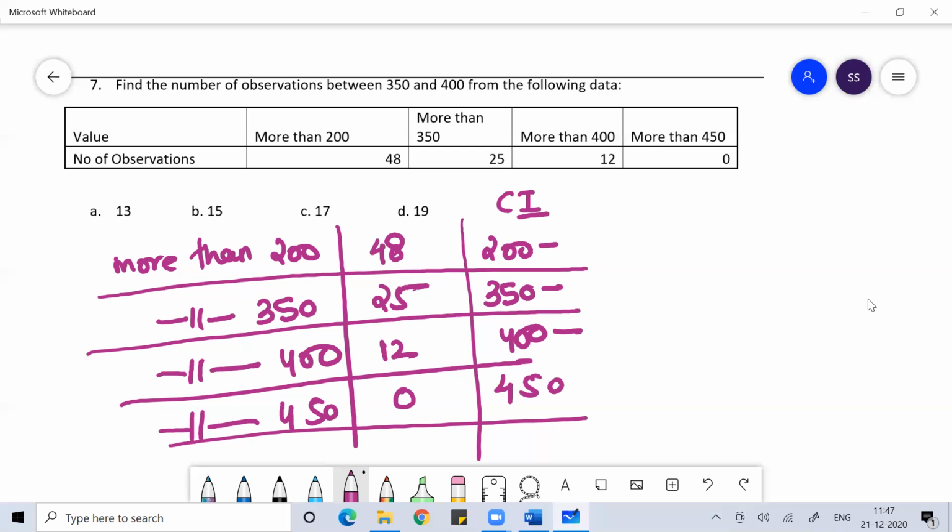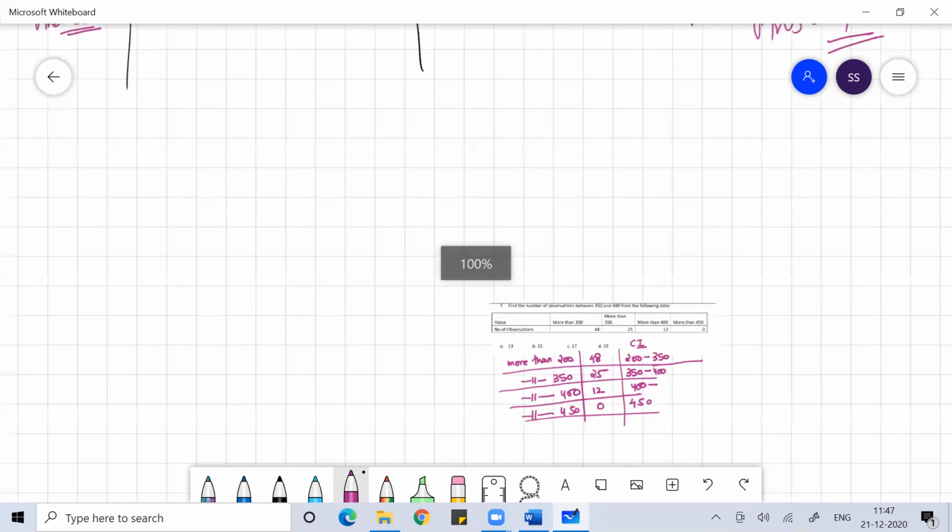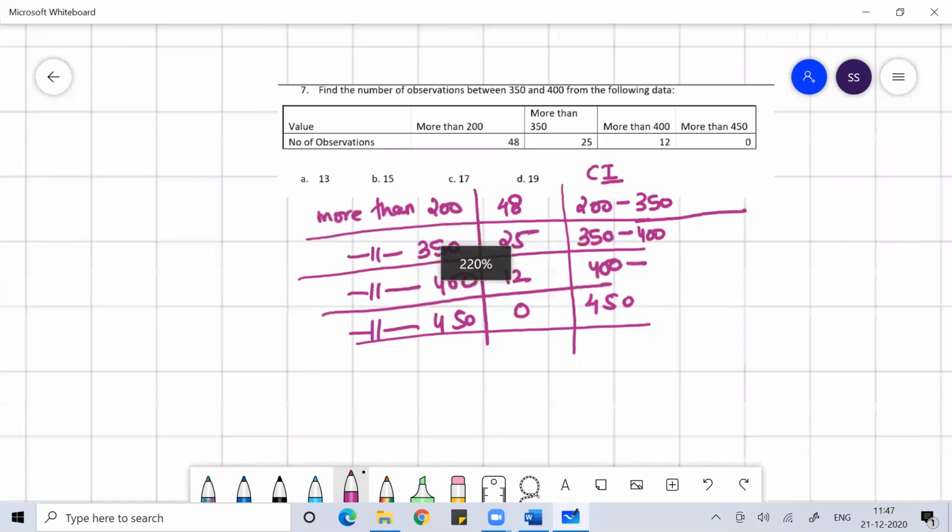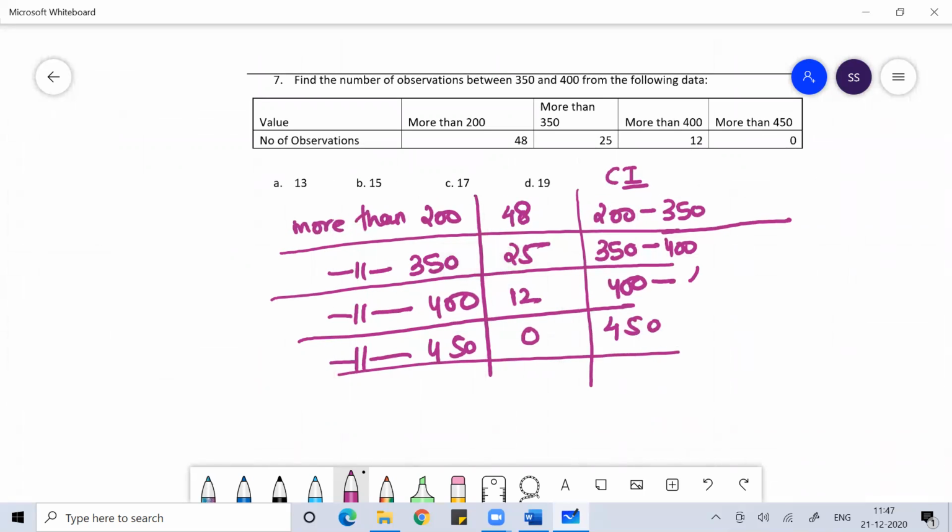So this would be 200 to 350, this would be 350 to 400, this will be 400 to 450, and this will be 450 to, we don't know the limit.